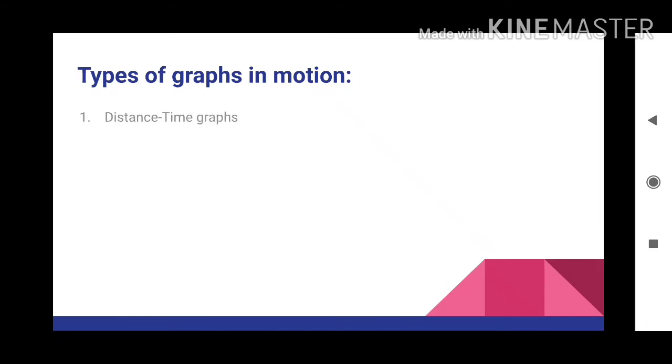The first one is the distance time graph, in which distance and time are plotted. The second one is the velocity time graph, and the last one is the acceleration time graph. For your syllabus we have only the first two, that is distance time graph and velocity time graph.